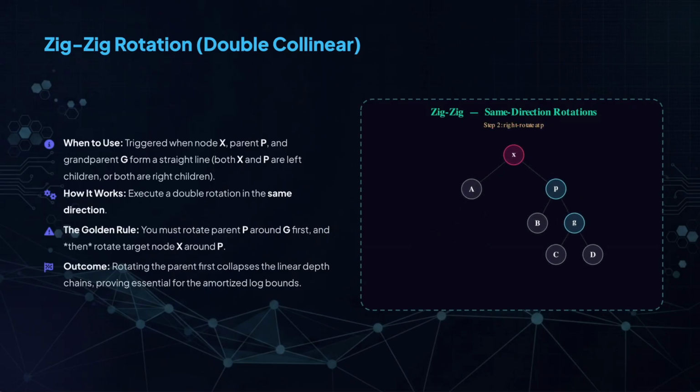For example, as we see in the illustration of this video, if we start from X, we perform a right rotation, then we perform a right rotation again, making X a root. So if we have a left child, we perform right rotation, and vice versa. If we have a right child, we perform left rotation.